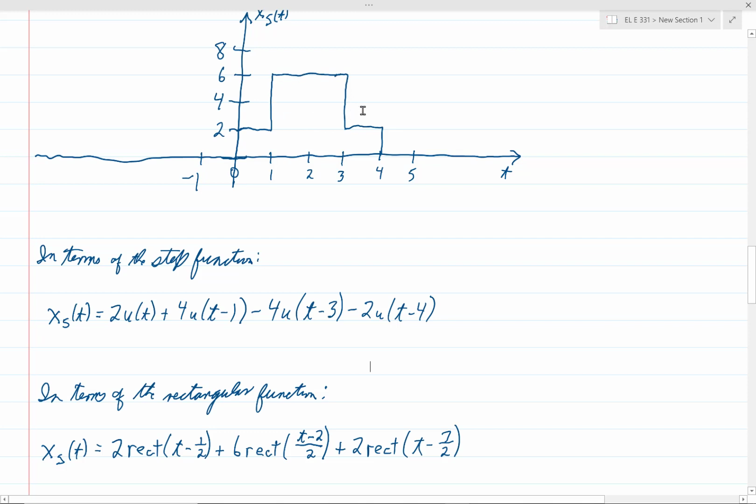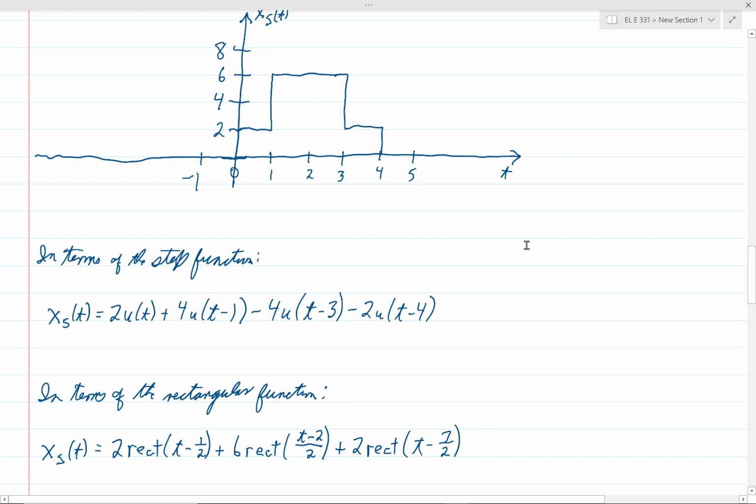So if you didn't see that way of looking at it, stop the video now and think about it that way, and try to write an expression for the function in terms of rectangular functions. Again, we have a long rectangle down here from 0 to 4 with height 2, and then another rectangle up here stacked on top of it, centered about 2. So see if you can write that and then come back to the video. Of course, if you've already done it, then just continue watching the video.